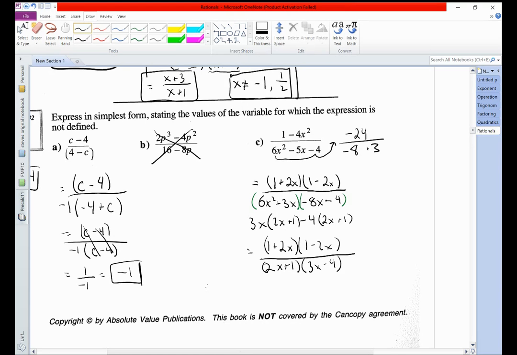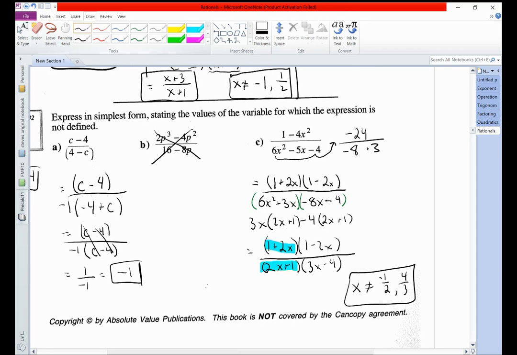So now I should do my non-permissible values, because the next step is to start simplifying or start canceling terms. So x cannot equal negative 1 over 2 and positive 4 over 3. And now when I cancel, hopefully some of you recognize that 1 plus 2x and 2x plus 1 are the same value.